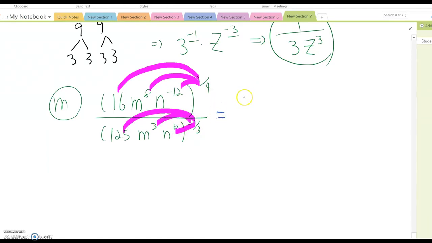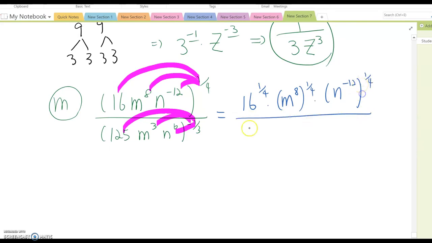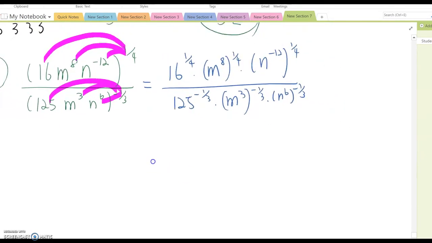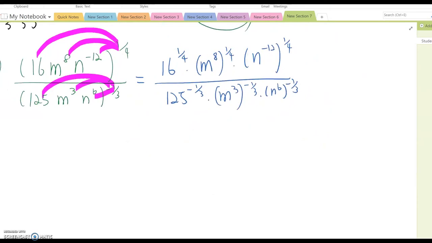Then it's going to be 16 to the 1/4 power and 8 to the 1/4 power and negative 12 to the 1/4 power, 125 to the negative 1 over third power, m cubed to the negative 1 over third power, and 6 to the negative 1 third power. Okay, so these two numbers, you must find out their prime factorization.